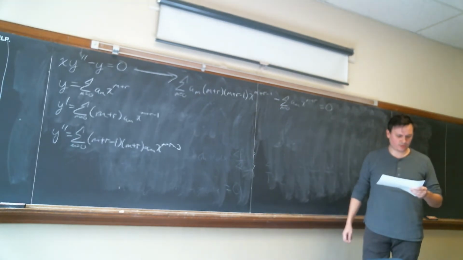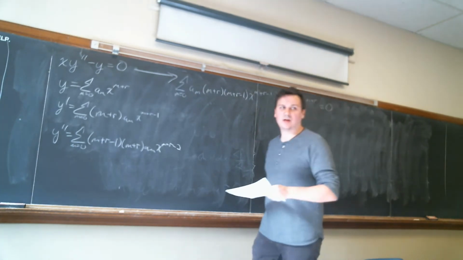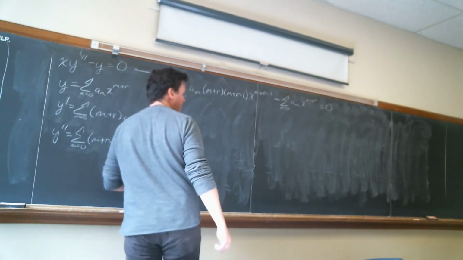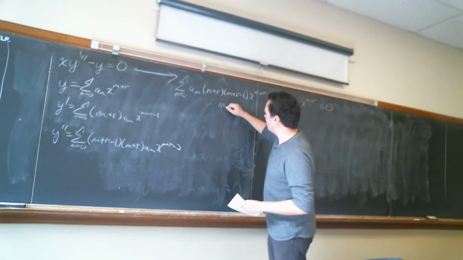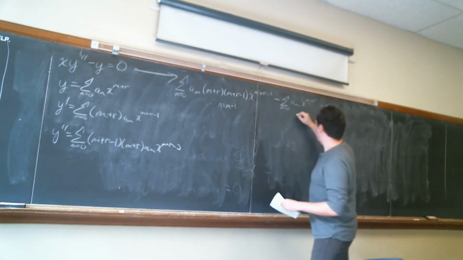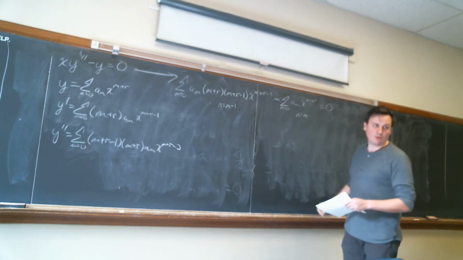It's relatively straightforward. And I always use m's to start because I actually like all of my stuff to be written in terms of n. So here I have n is equal to m minus 1. And if n is equal to m here, I can re-index.